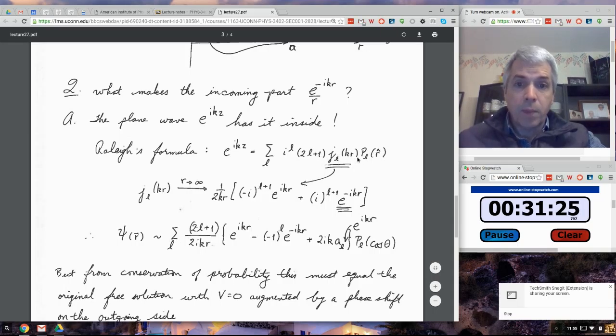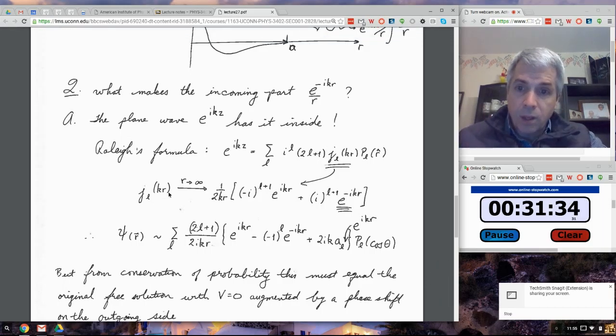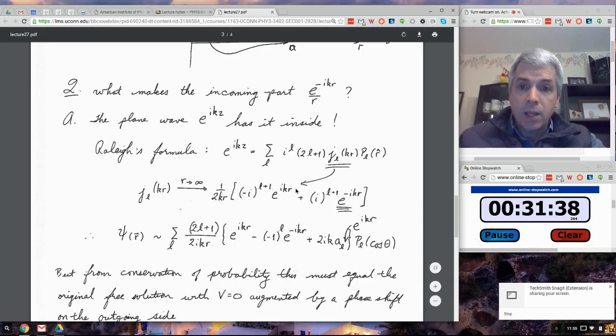The only place that the magnitude of r appears is inside the j_l. These spherical Bessels, the j's, have a known asymptotic form as r goes to infinity. They behave like e to the plus ikr and e to the minus ikr with equal weights, but different phases. There it is. I put three lines here to help you see.